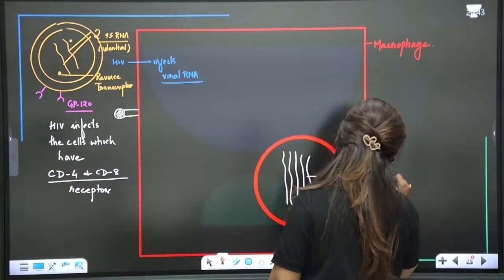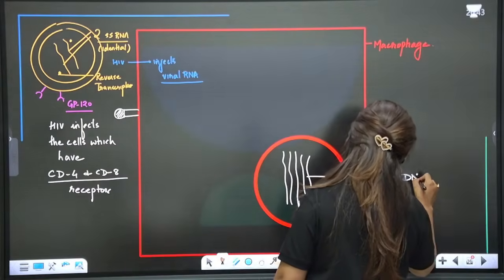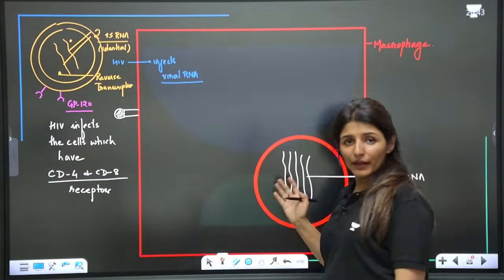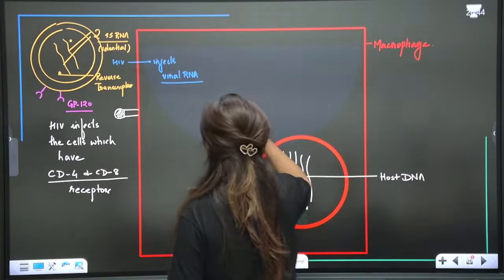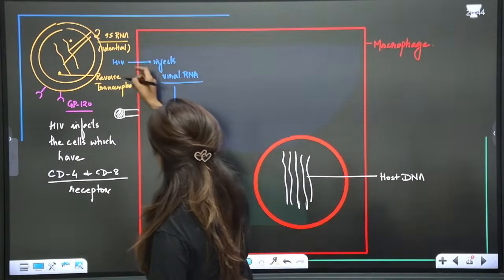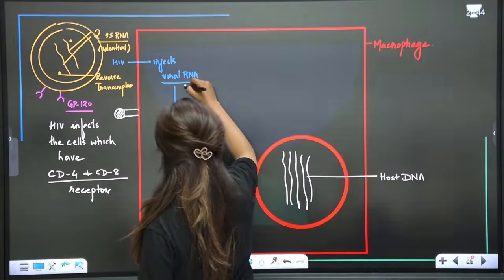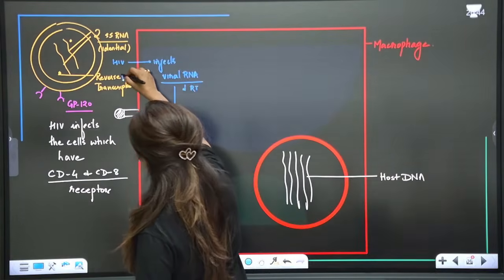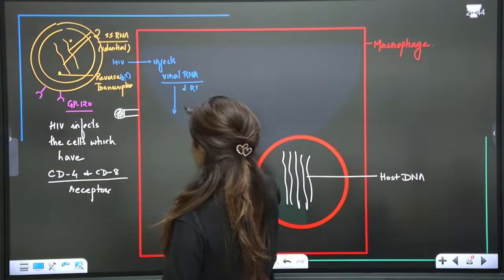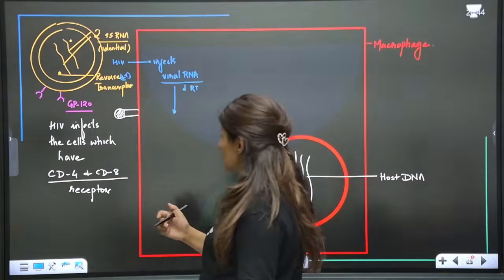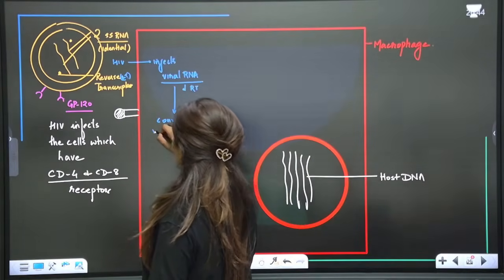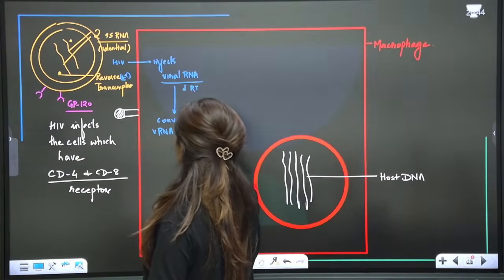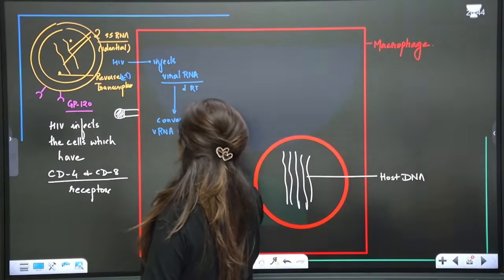Now RNA cannot bind with our DNA, right? So what happens when this viral RNA enters? It also brings its own reverse transcriptase, RT. Using its own reverse transcriptase, it converts viral RNA into viral DNA.